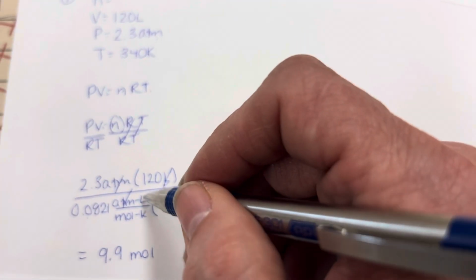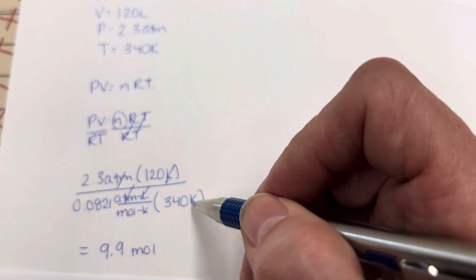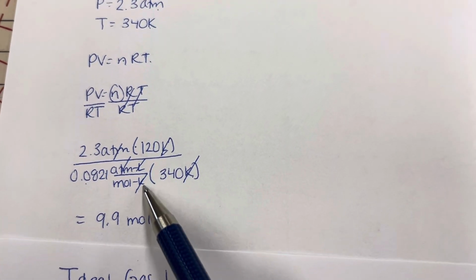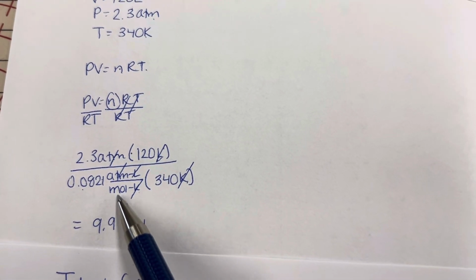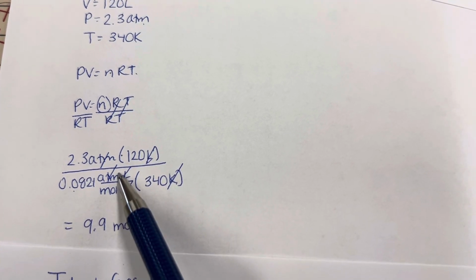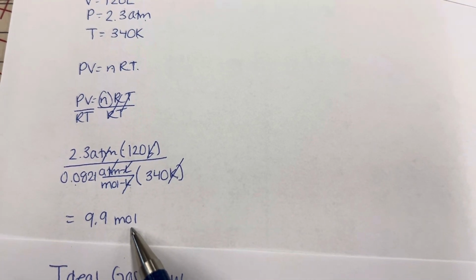Liters is in the numerator, liters is in the denominator, they cancel. This Kelvin is in the denominator, and this Kelvin is in the numerator. It goes top, bottom, top. So my bottom here will cancel my top and leave me with mol. That mol is in the numerator, so our answer will be in moles.